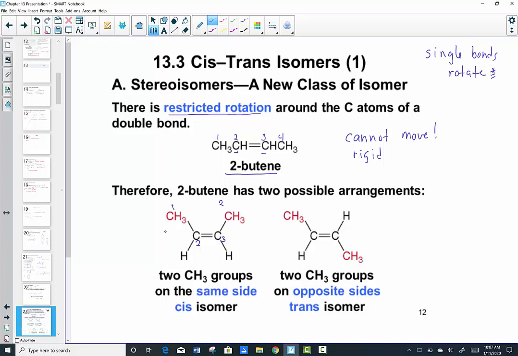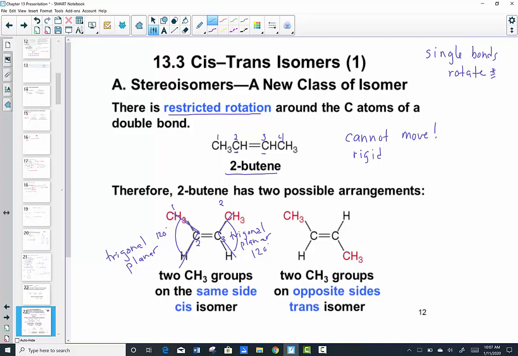Remember that we have trigonal planar. I'm going to just emphasize the molecular geometry here is trigonal planar. So that means there's a 120-degree bond angle coming out of that carbon. Same here. This is trigonal planar on the opposite side. And therefore, we have a 120-degree bond angle between the methyl and the hydrogen. All right, so an equilateral triangle, but they do come out and are fixed in their position.